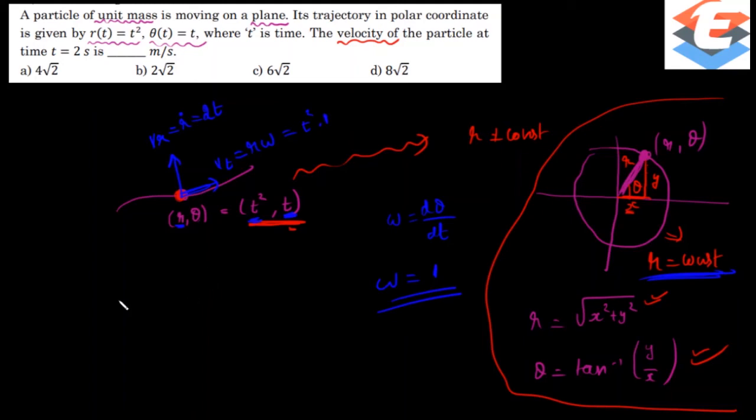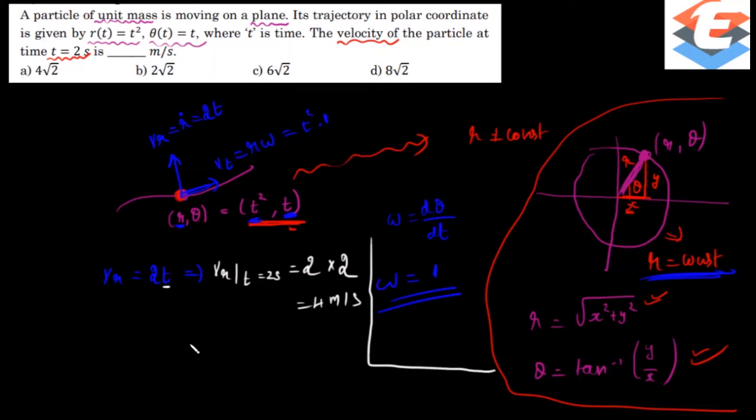So now I have Vr, the radial velocity, which is 2t. They are asking at what time, which is also important, right? They are asking at time t equal to 2 seconds. So Vr at t equal to 2 seconds will be 2 into 2, simply substituting 2 in place of time, so that is 4 meter per second.